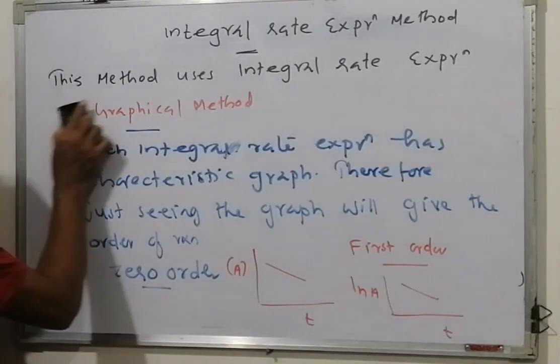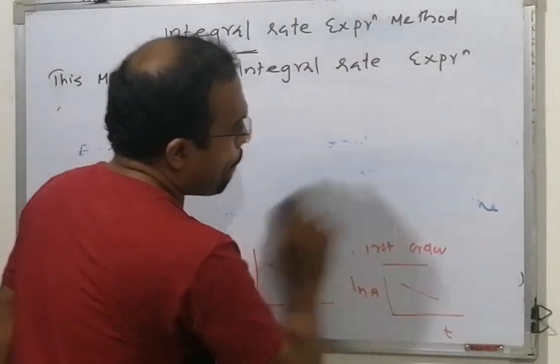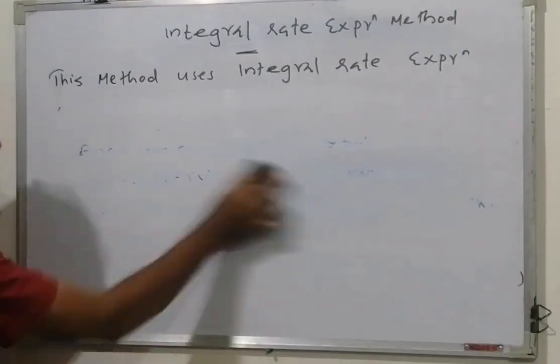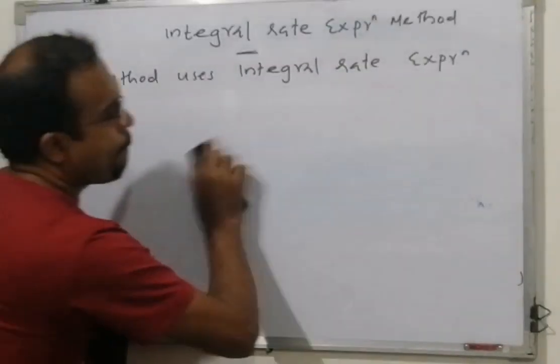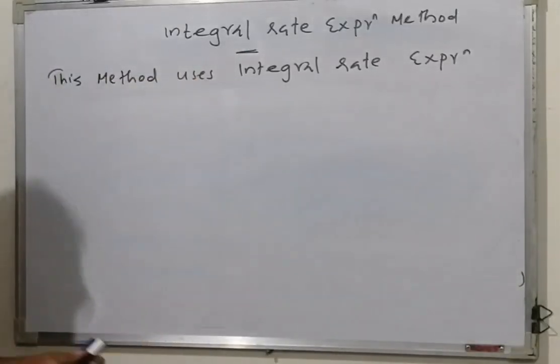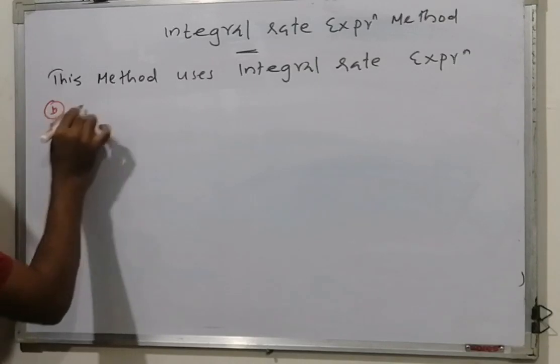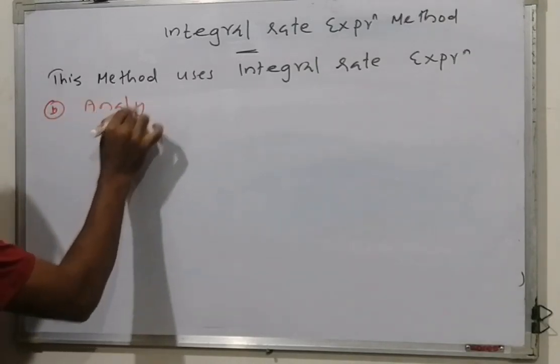Second is the analytical method. B. Integral rate expression, analytical method.